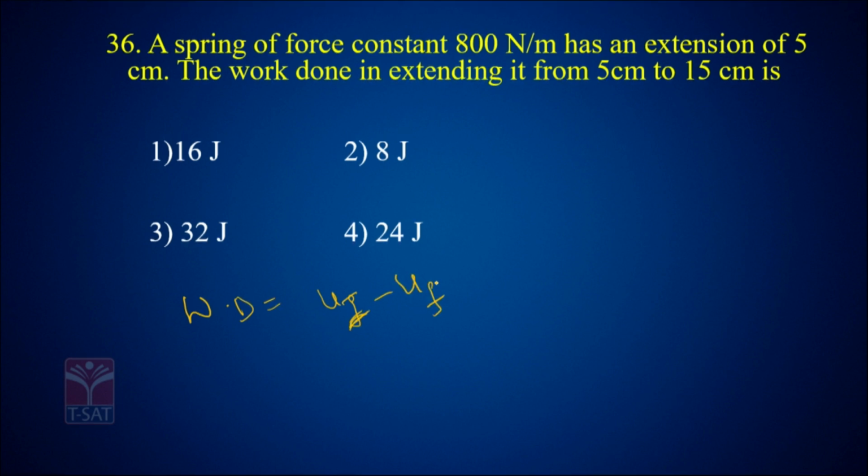You know that in the work energy theorem, the change in kinetic energy is equal to the work done. But here also the work done is equal to Ui minus Uf, which is equal to 1/2 of K into x1 square minus x2 square.